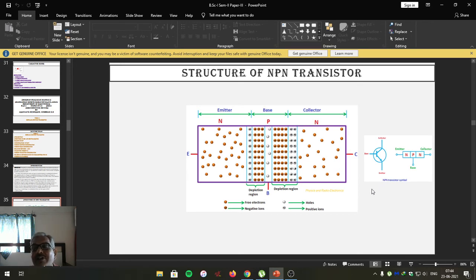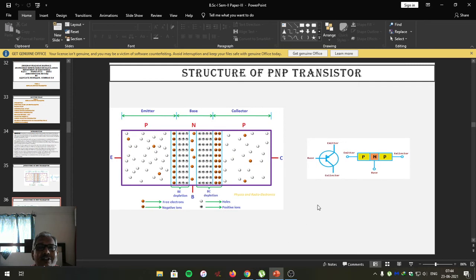Dear students, on the analogy of the NPN transistor, as we have studied just now, the structural aspect of the NPN transistor, you can also prepare the structure of the PNP transistor yourself. So that structure is represented here.